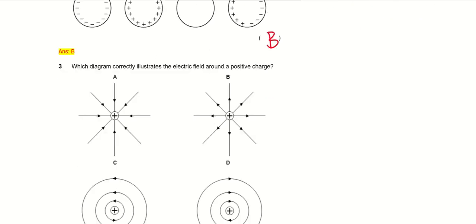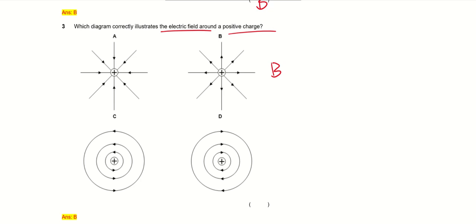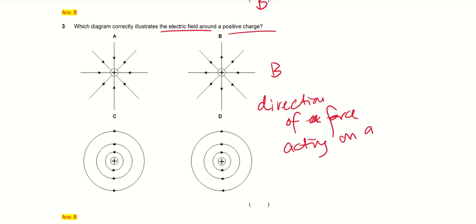Electric field around a positive charge, it will be B. So why is the direction like that? It's showing the direction of force acting on a small positive test charge.